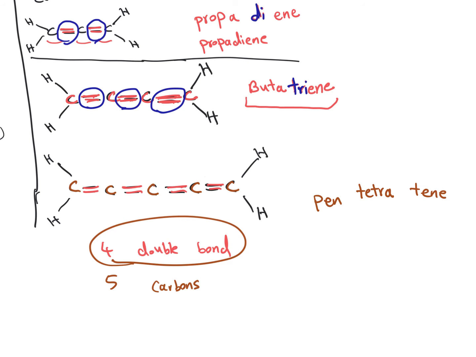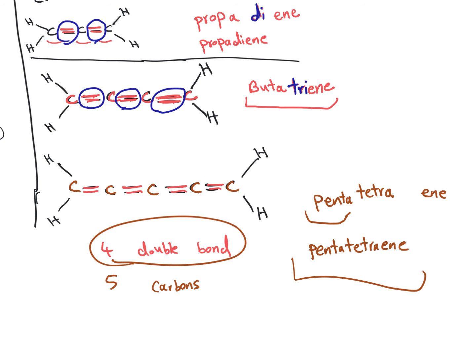This t here would be extra, because it was pentene, it would be penta, tetraene. Again, these are 3 examples. You can write any other examples that represent cumulated.